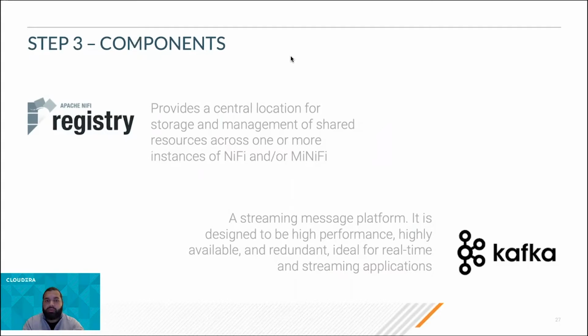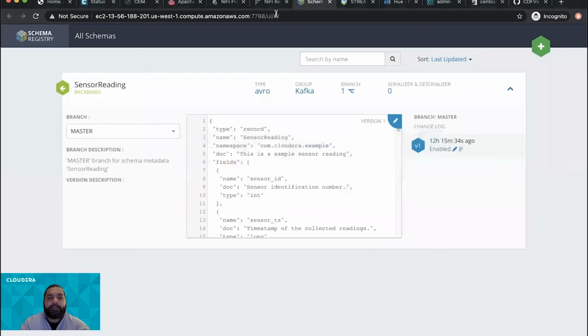It is some kind of GitHub repository, but oriented to NiFi applications. And Kafka is the way you're going to transport the data at scale, in real time, with all the benefits we have from this methodology to work with Kafka.